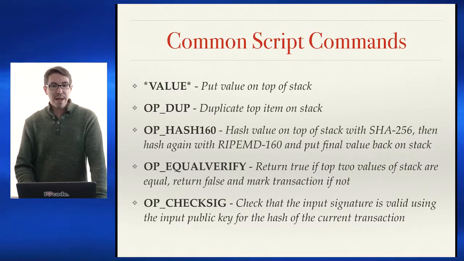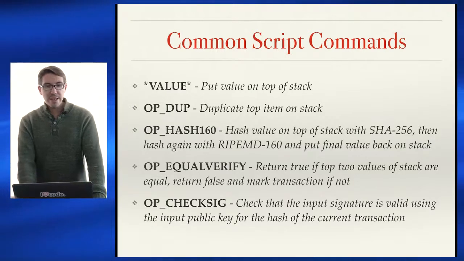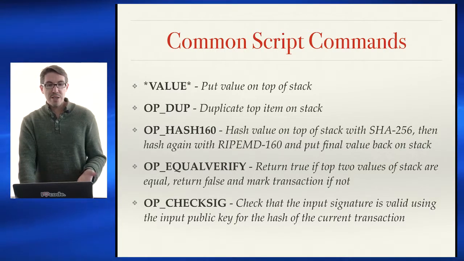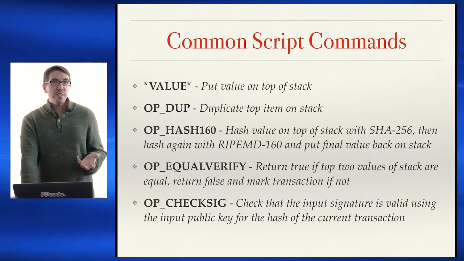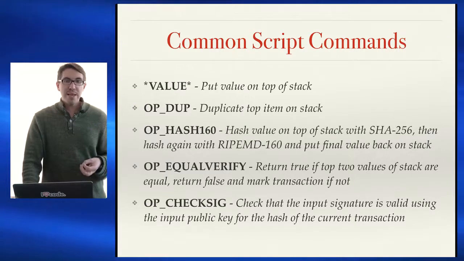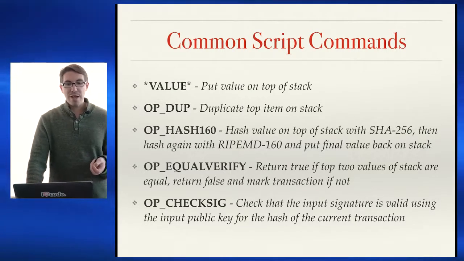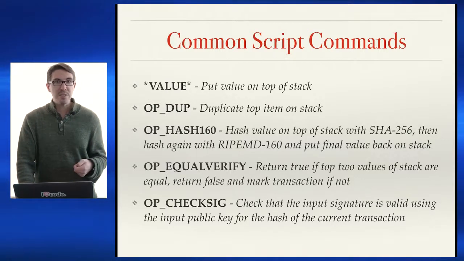Op equal verify will return true if the top 2 values of the stack are equal, otherwise mark it false. And finally, op check sig: check the input signature is valid using the input public key for the hash of the current transaction. So you can see, unlike a language such as Java or JavaScript, there is built-in support for rather complex cryptographic calculations, like op hash 160.